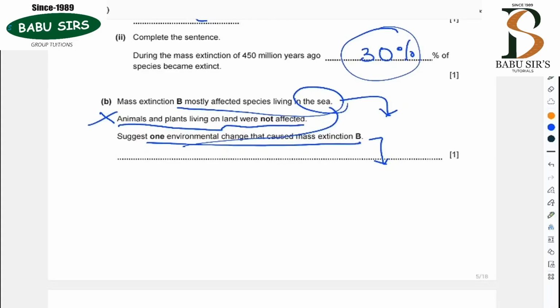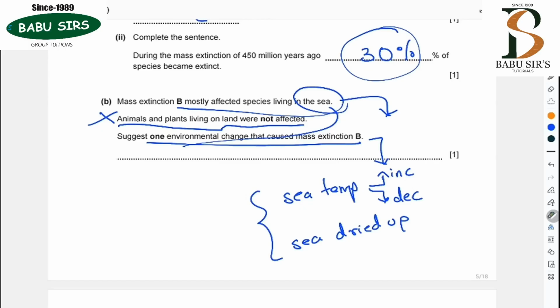Might be the sea temperature has increased, which has caused extinction, or it has decreased, or the sea must have dried up. So these are the only causes in the sea which might cause extinction.